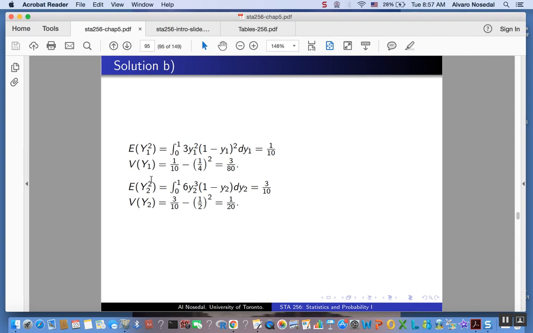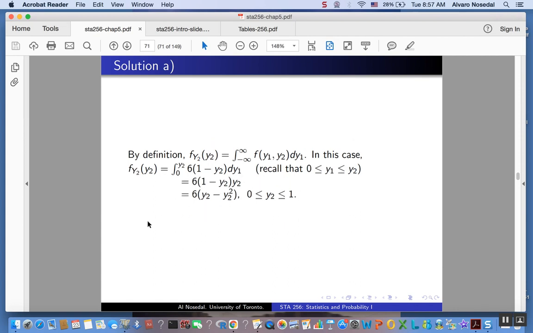In that case, it turns out, I think, that we also have a beta distribution, so you could find it using the same trick that we used for y1, or for x as we relabeled it. Okay, so finally, let's do the last part, part C.